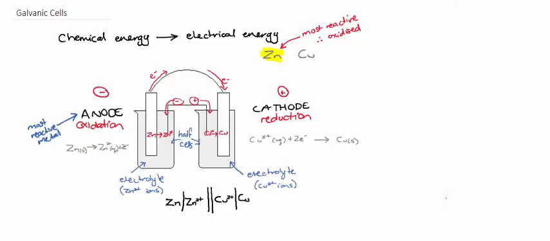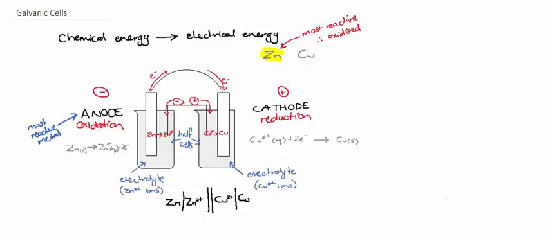So just to recap some of the important points here, in a galvanic cell we have chemical energy being converted into electrical energy. The more reactive metal is going to form our anode. Oxidation always occurs at the anode and reduction always occurs at the cathode. In a galvanic cell, your electrons are going to travel from the negative anode to the positive cathode.